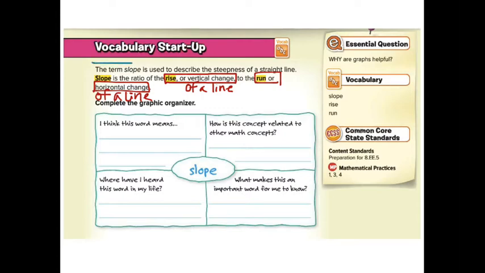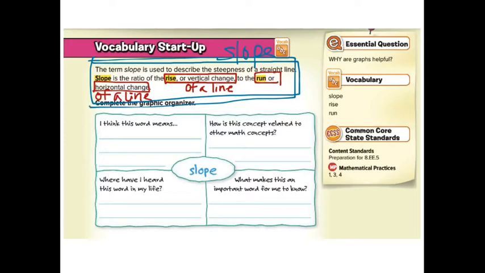For slope, the slope definition will be this entire blue box. For rise, you'll have: rise is the vertical change of a line. And for run: the run is the horizontal change of a line.